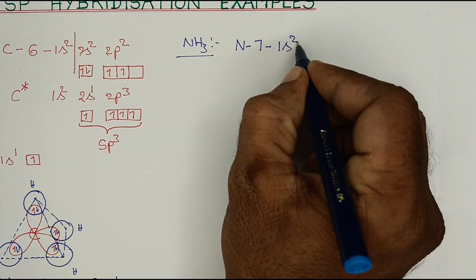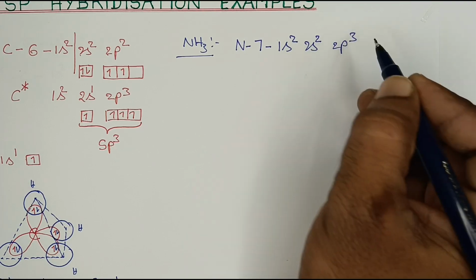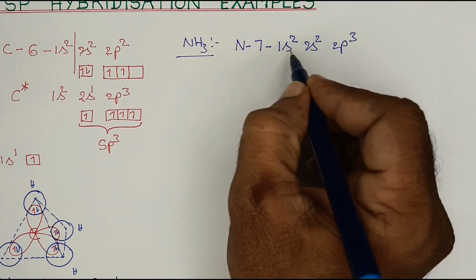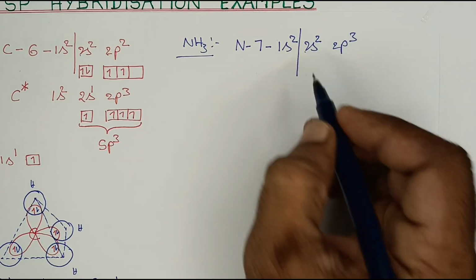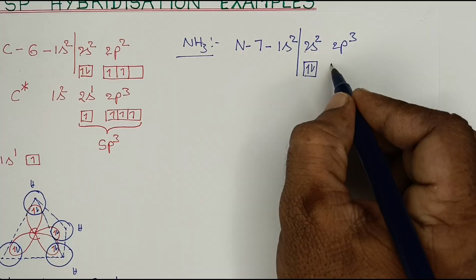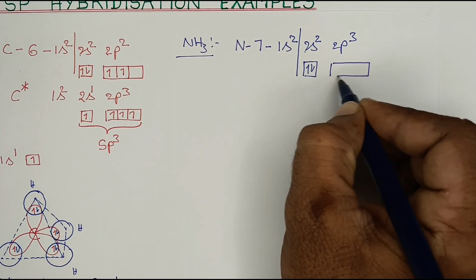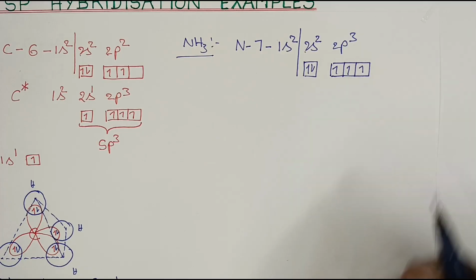The configuration is 1s2, 2s2, 2p3. 1s means this is the first level, and 2s2 2p3 is the second level. So the outermost level contains 2 electrons in the s sublevel and 3 electrons in the p sublevel.